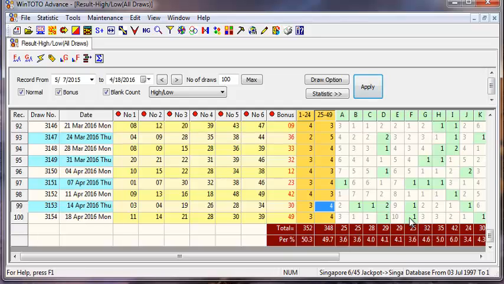So all these are data that you can pick up from here, because once you have got WinToto Advance, you have all the necessary data for your consideration. I think that's very, very important.